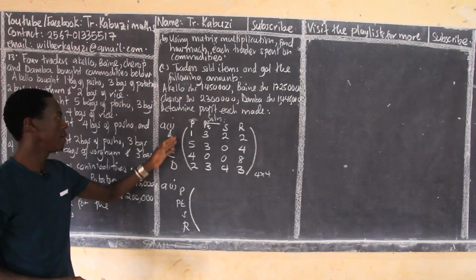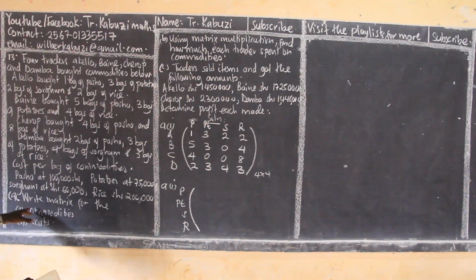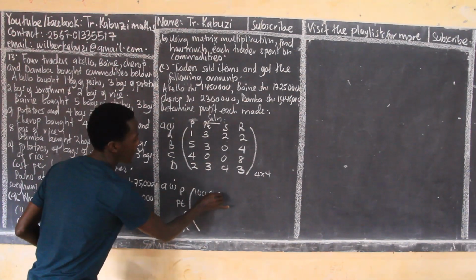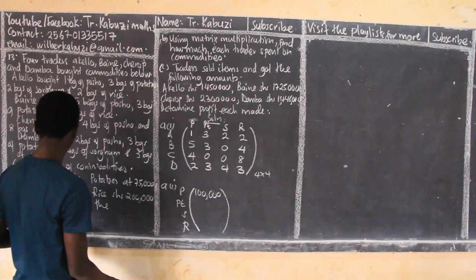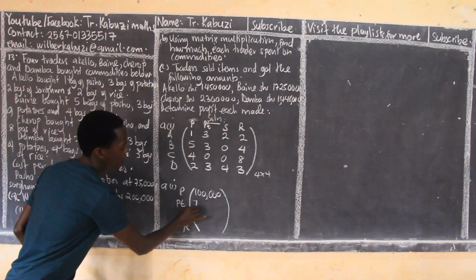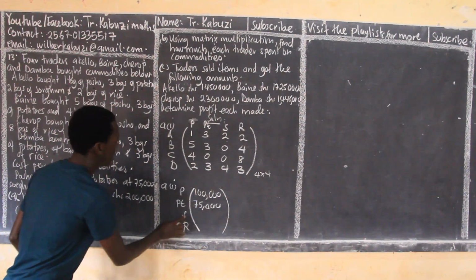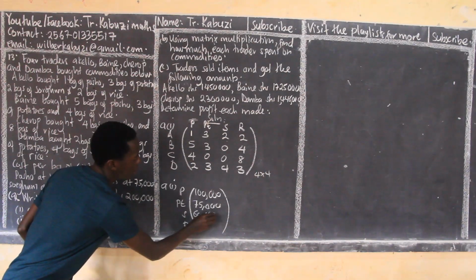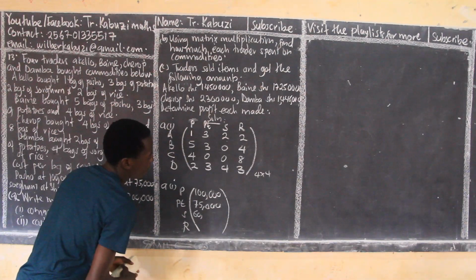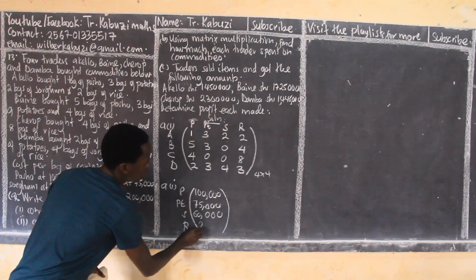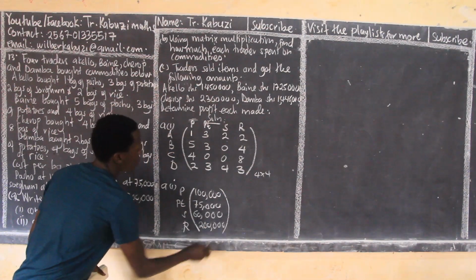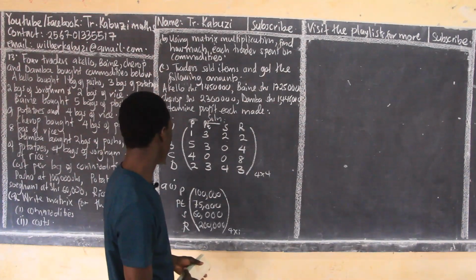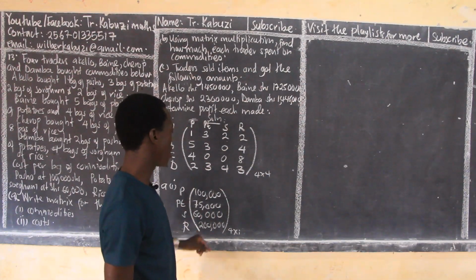Posho was 100,000, potato 75,000, sorghum 60,000, then 200,000 for rice. So this one is 4 by 1: 4 rows and 1 column.